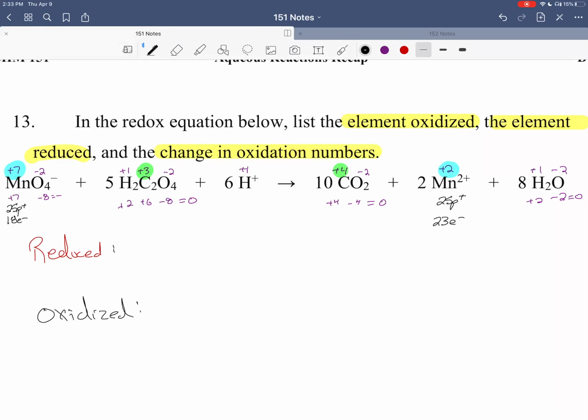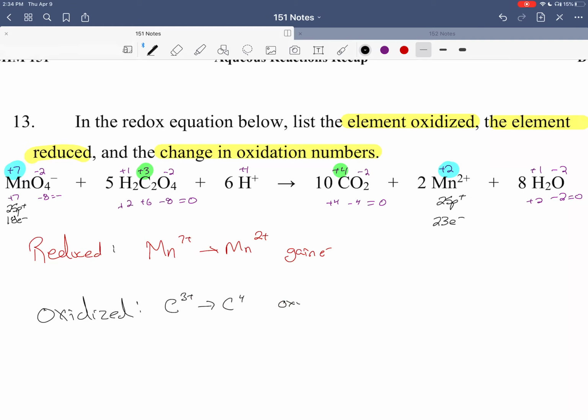All right, so who's gaining electrons? It looks like manganese gained them. So Mn goes from 7 plus to Mn 2 plus. That's a gain of electrons, which is reduced. And then oxidized, I have carbon 3 plus going to carbon 4 plus.